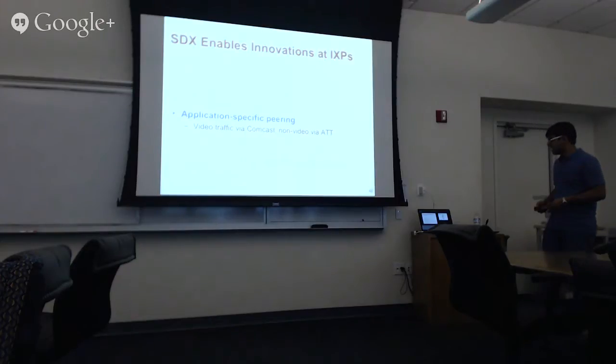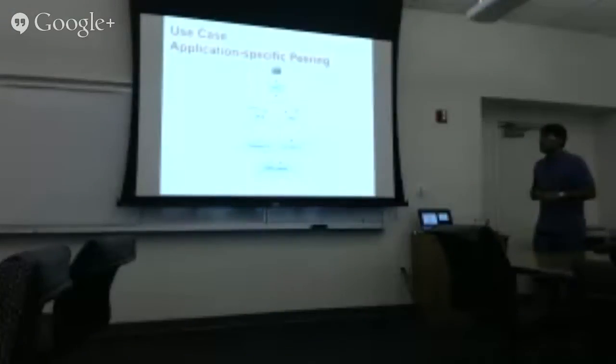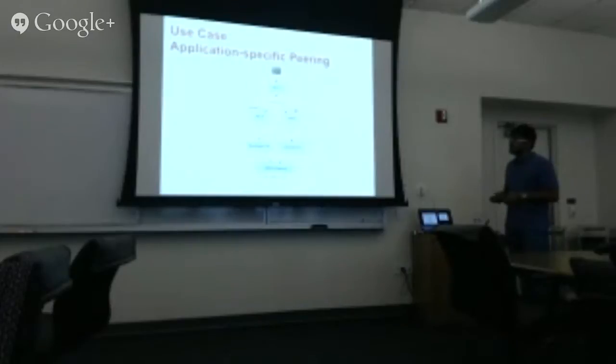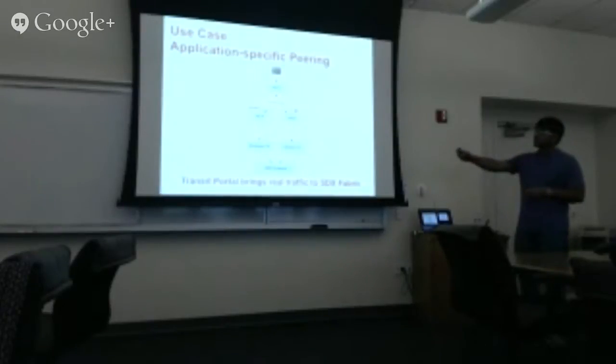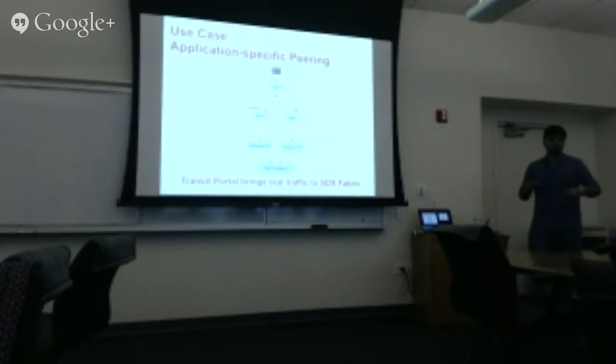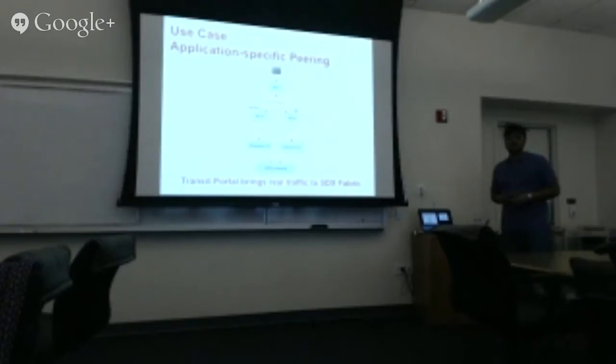We have three participants again, A, B, and C, connected at the STX switching fabric, and they are getting real traffic to the STX switching fabric through Transit Portal. What Transit Portal does is advertise the prefixes and bring the real traffic to the switching fabric, which we have in our lab at Georgia Tech.